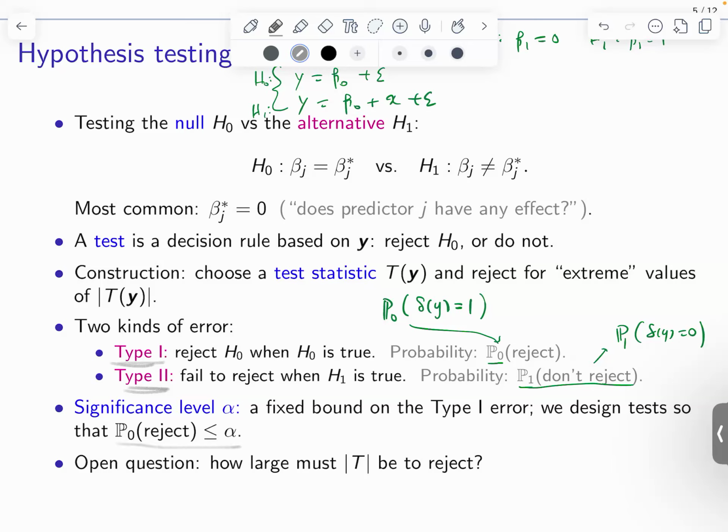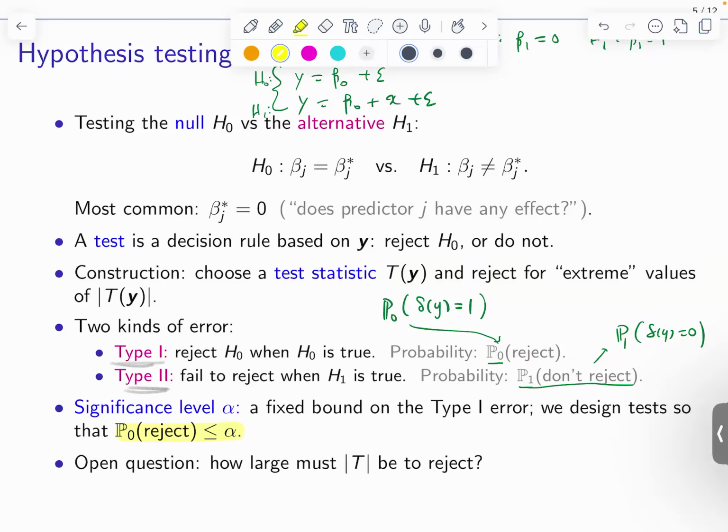But focusing on type 1, we're going to try to enforce this constraint that the probability of rejection under the null is less than or equal to alpha, and this is called the significance level of the test. A test that we often push to be actually equal to alpha, because the larger it gets, the easier it is to drive the other type of error down.